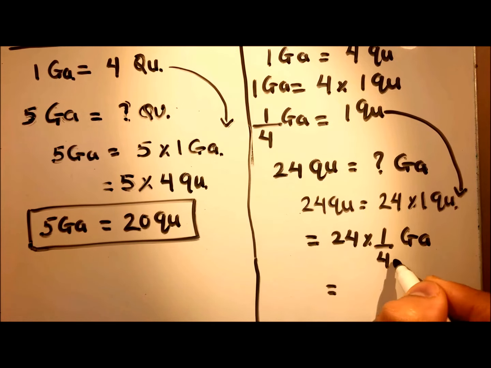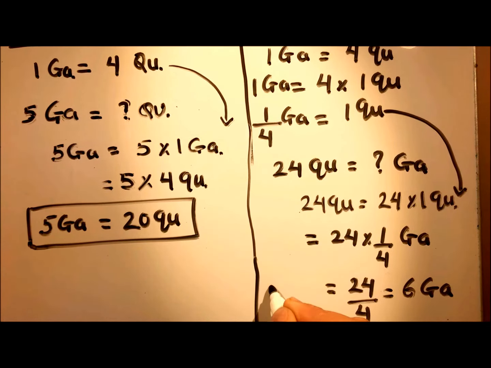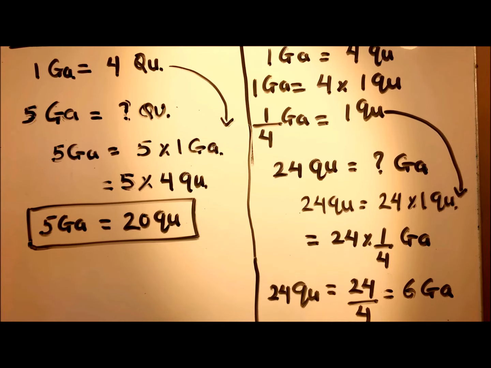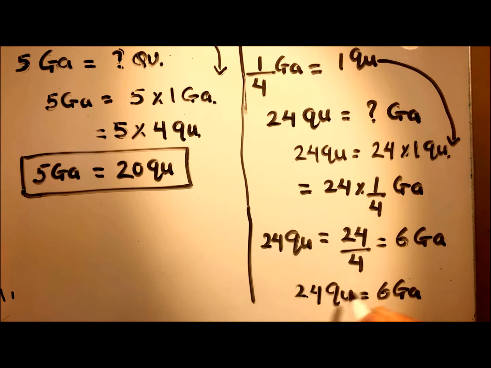So this will give us 24 over 4, which is equal to 6 gallons. So 24 quarts is equal to 6 gallons. So in this way we can convert any quart to gallon.